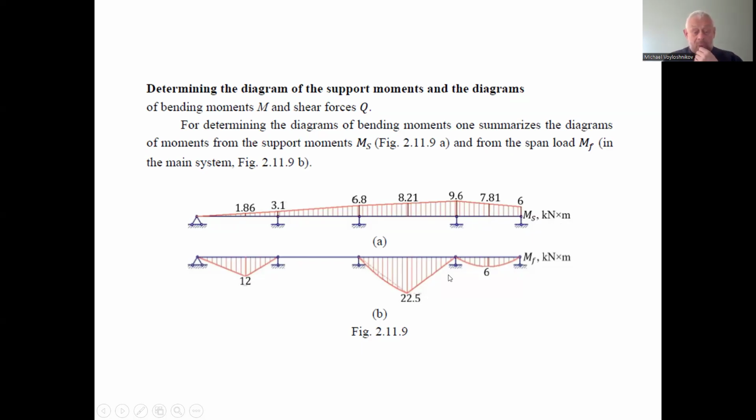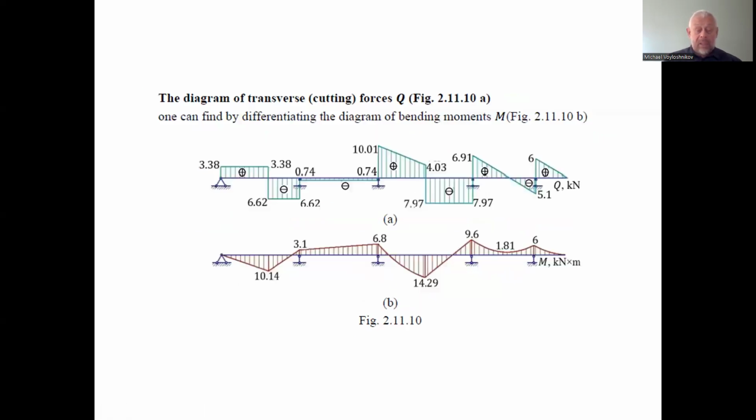And we have two diagrams of bending moments. We have to consider this action together, and when we summarize these two diagrams in the projection communication for determining the diagram of bending moments, we can have the diagram of the bending moments for the continuous beam.